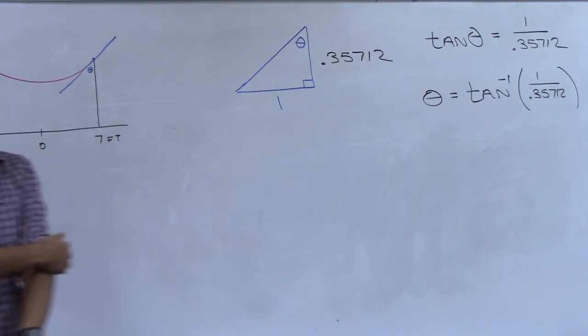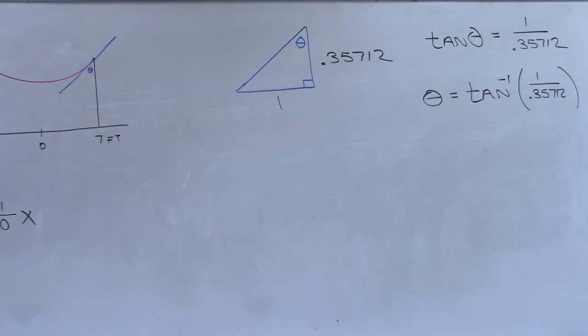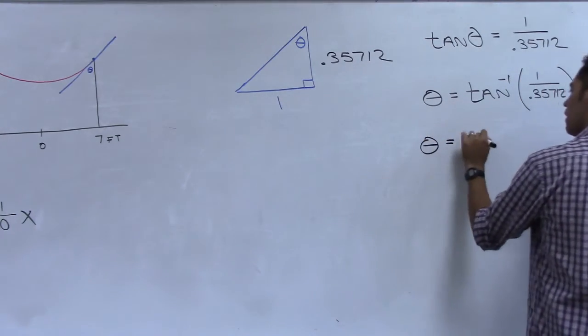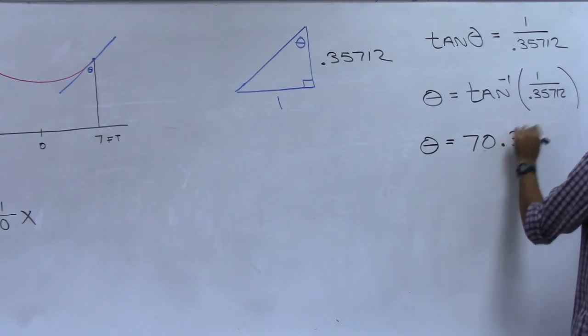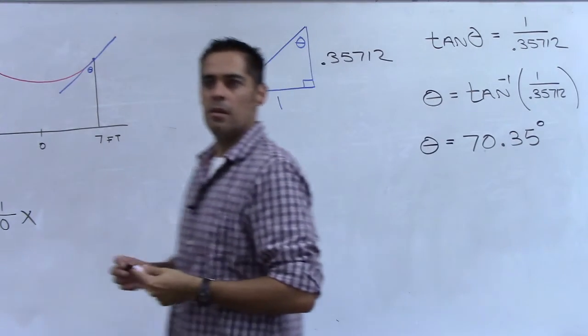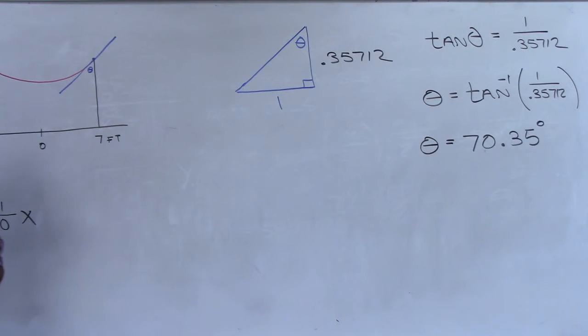So make sure you're in degree mode. 70.35. Yep, 70.35 degrees. Approximately. We're rounding here, but that's good enough. So the angle at that point is 70.35 degrees.